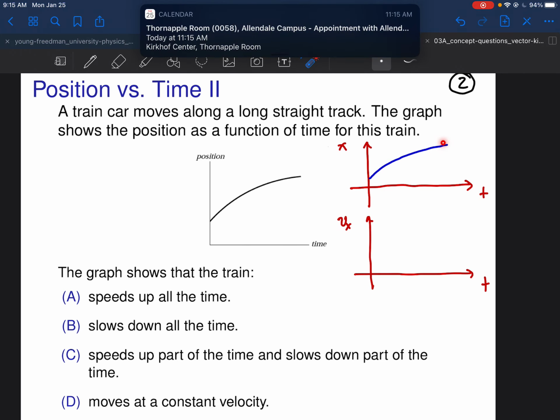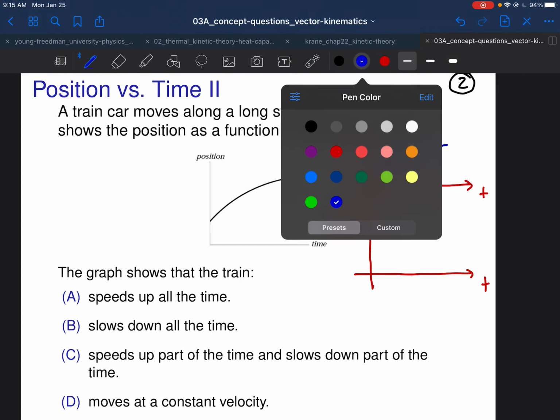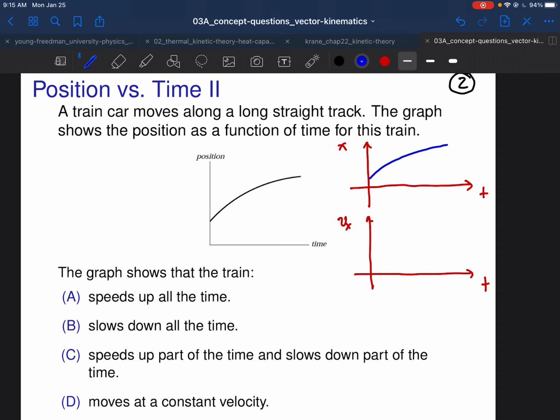The slope here everywhere is positive, so we should have all positive numbers. And yet it's headed towards zero. So if we extended this a little bit further, we might get to zero. So probably a good value of the velocity would be, well, let's draw a tangent line at the beginning.